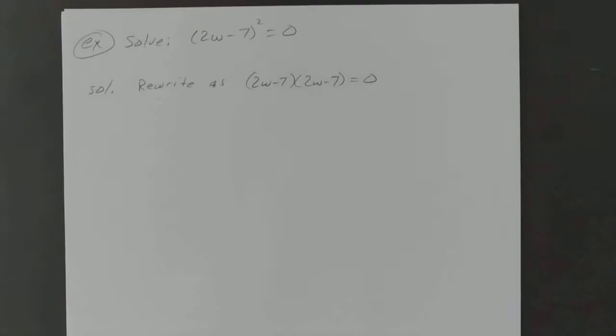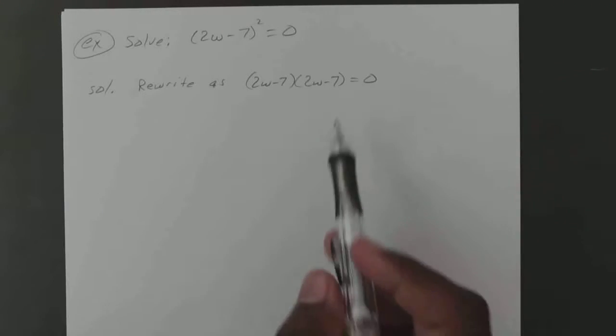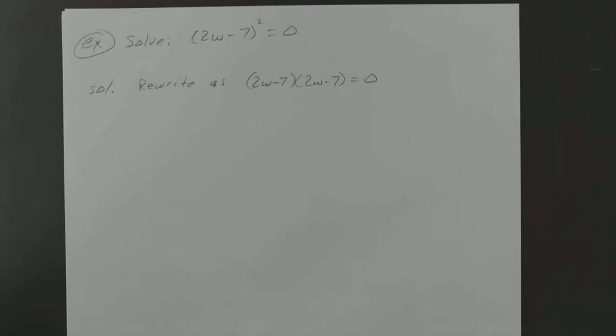Equals 0. And again, using the zero product property, you just set both of them equal to 0, which you don't have to because they're the exact same, so you can only do it once. Well, if you wanted to.